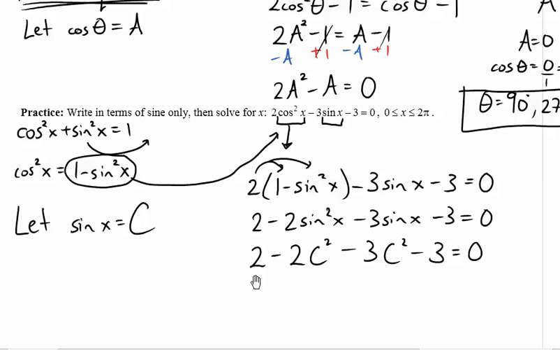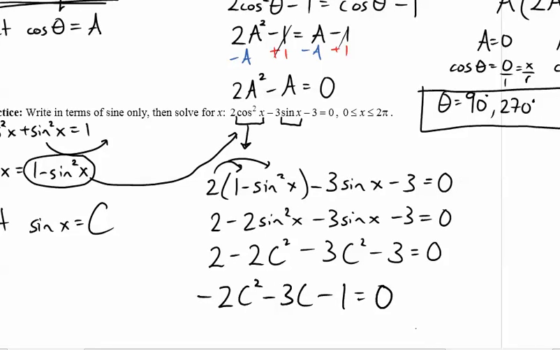So 2 minus 3 is negative 1. I really don't like having negative terms. So I'm going to take all those terms and move them over to the right side instead. So they all become positive.